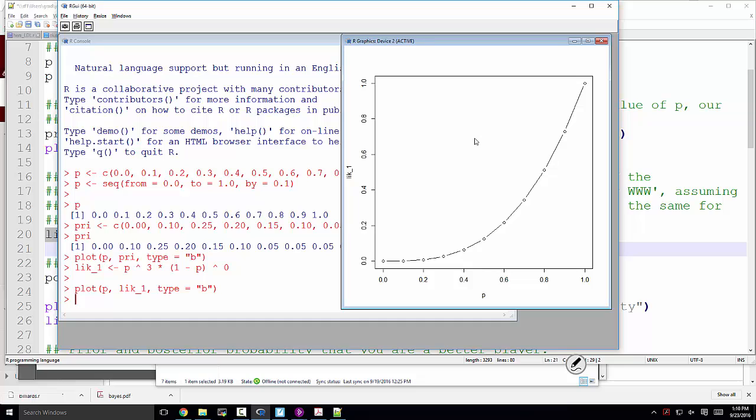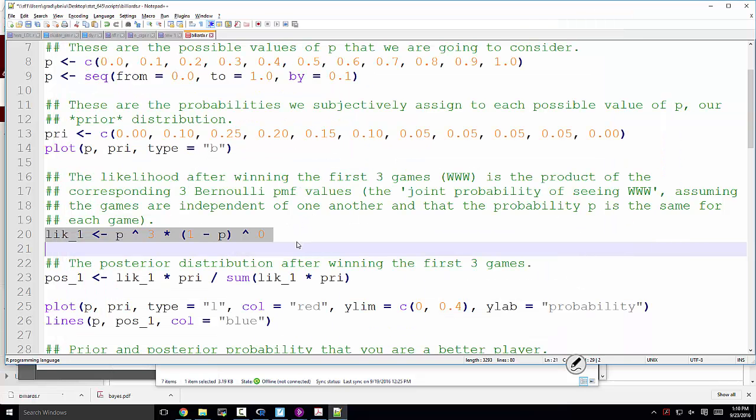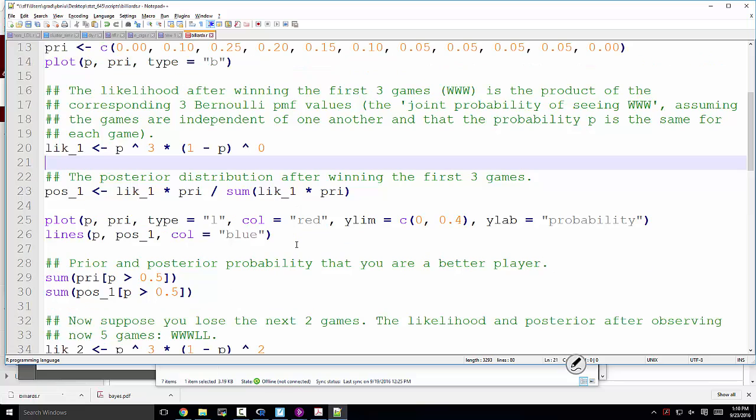So these are like probabilities of 3 wins in a row when P is equal to, take your choice. That's the likelihood, but that doesn't completely represent what we believe now, because we had prior beliefs. So we would like to fold in these new data with our prior beliefs.